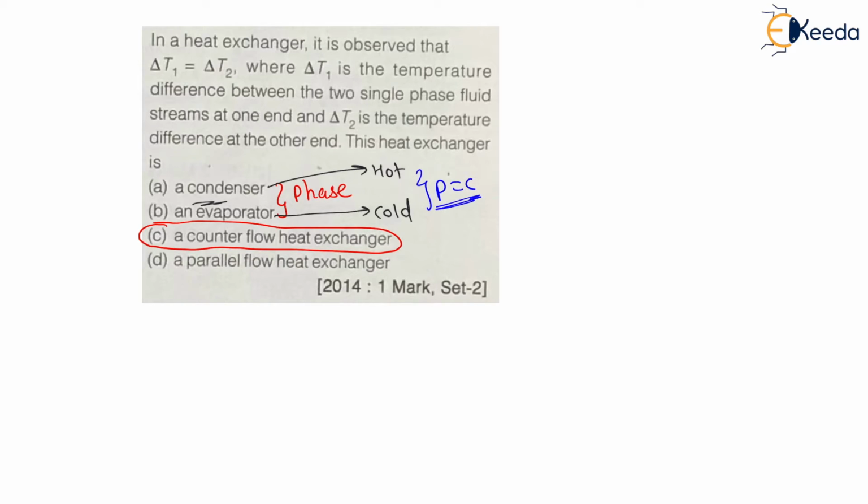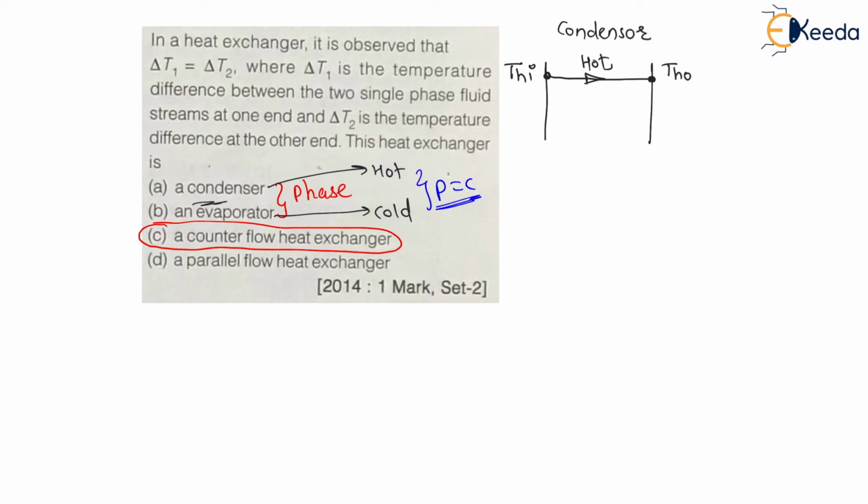So let us understand this for any type of heat exchanger. For the condenser, let us assume a parallel flow heat exchanger. Here I am going to draw the temperature distribution for the condenser. For the condenser, the temperature of the hot fluid remains constant. Therefore, let us say the inlet temperature of the hot fluid is Thi and the exit temperature of the hot fluid is Tho. There will be no change in temperature of the hot fluid.